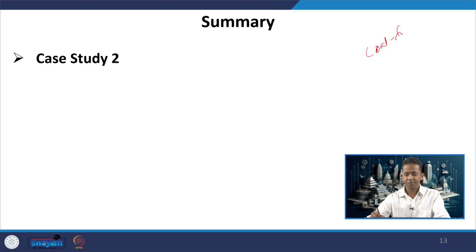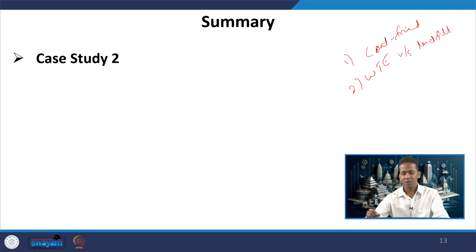So, to summarize, this was the second case study of life cycle assessment that we covered after the first case study. That one was on a coal fired power plant, and this was on a waste to energy plant, and we compared it against the landfill option.